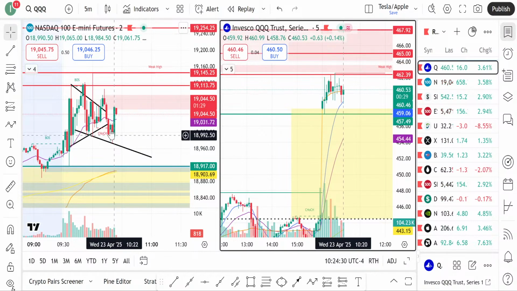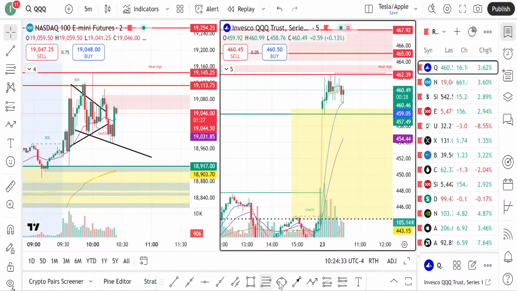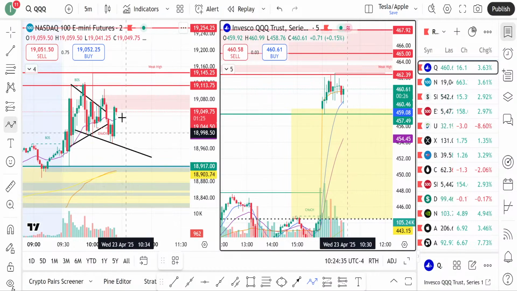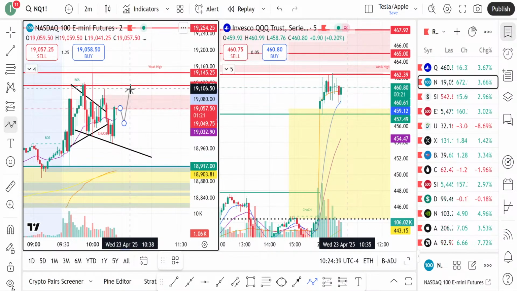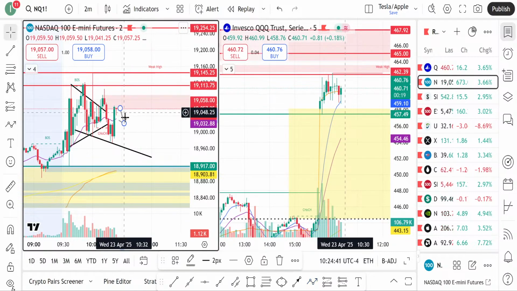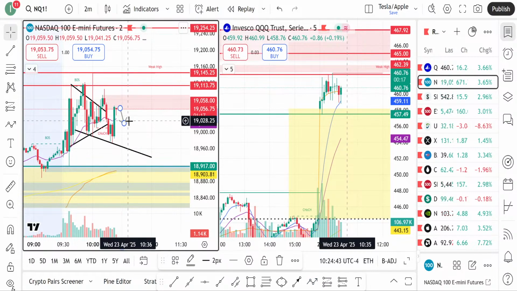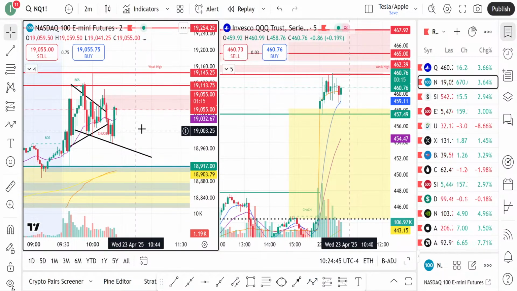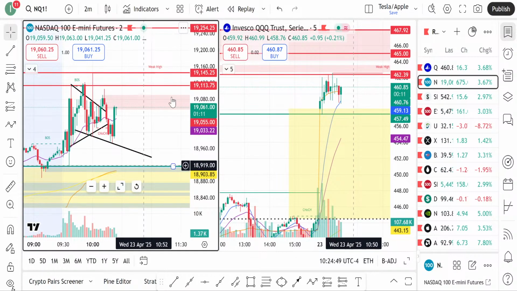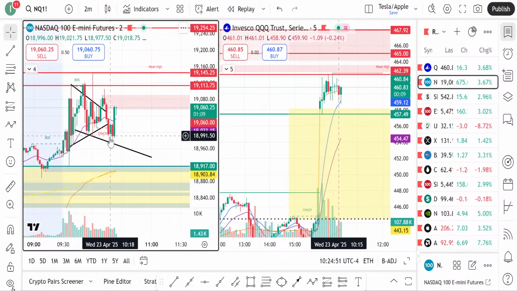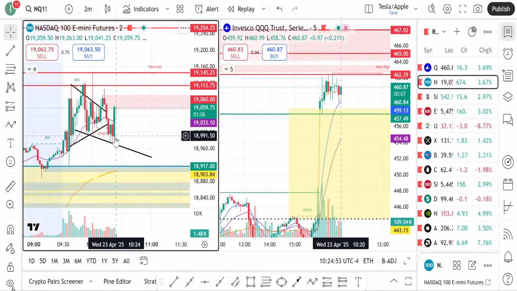This looked like a double bottom down here. Price could pull back and bounce here. Let's wait and see. This can still come down as well. But this green candle right here is pretty nasty. Be careful.